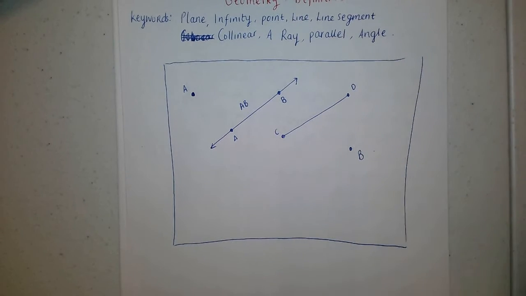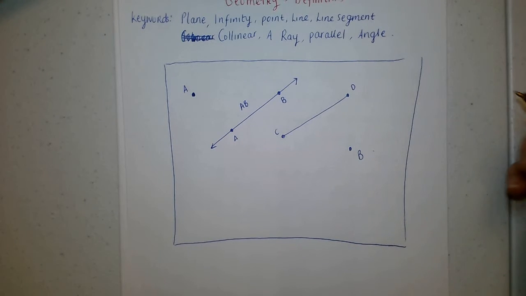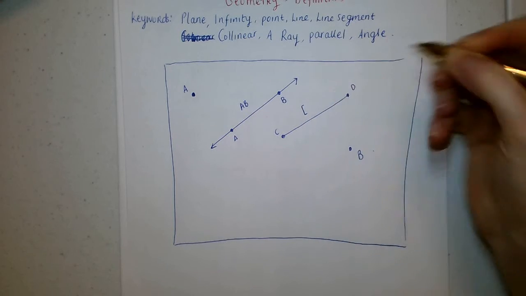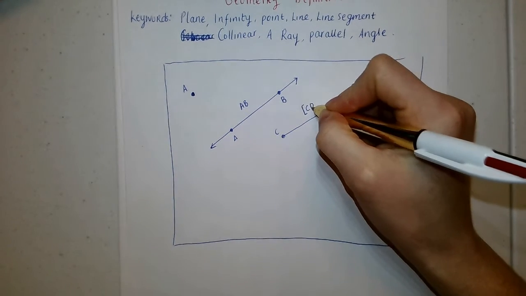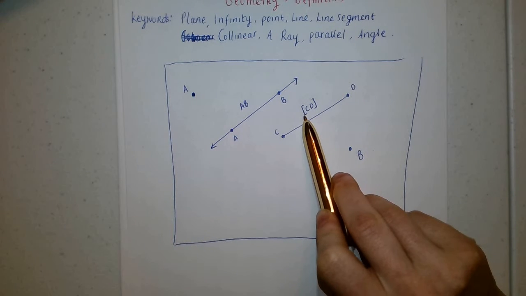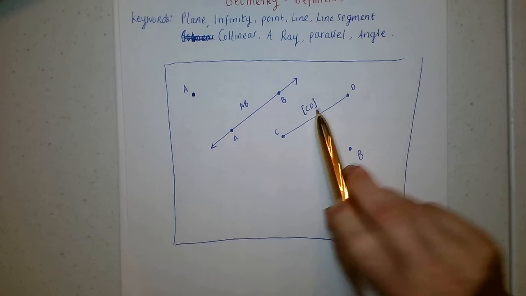So it doesn't continue in each direction forever. Okay, and the way that we will label this is we use square brackets and we go CD. So that's the line segment CD. Those brackets represent that that's where it starts and that's where it finishes. So it opens here and it closes here.